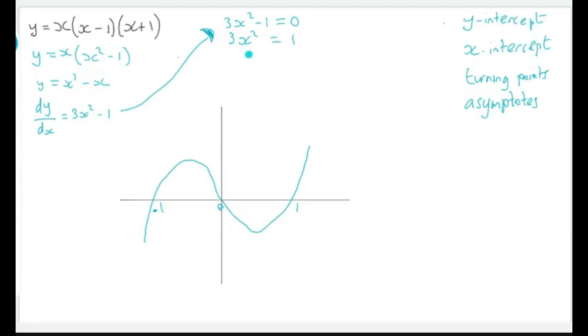Divide by 3. Yep. All right, so it equals a third. And then square root of a third, is it? Is that the only answer? Yeah. Or it could be minus. Yeah.